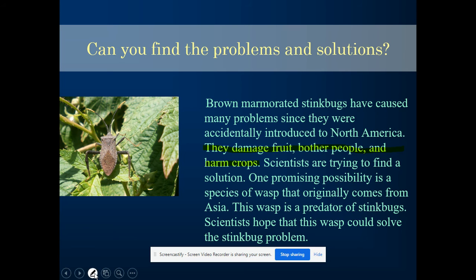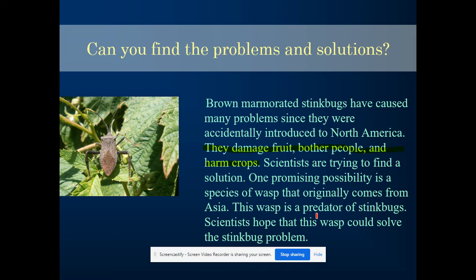Okay, now I'm going to switch to a new color as I am looking for the solution. Scientists are trying to find a solution. Hint, hint, hint, I bet it's coming. One promising possibility is a species of wasp that originally comes from Asia. This wasp is a predator of stink bugs. Scientists hope that this wasp could solve the stink bug problem.